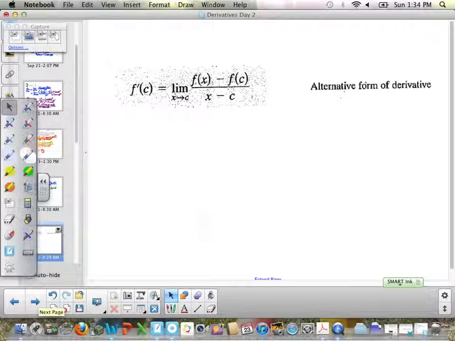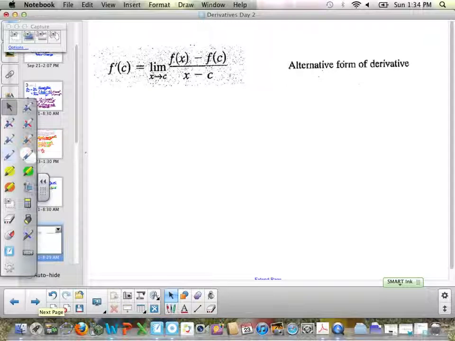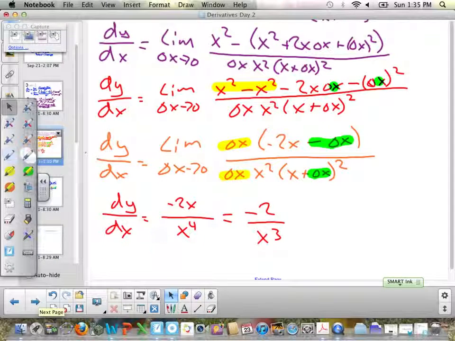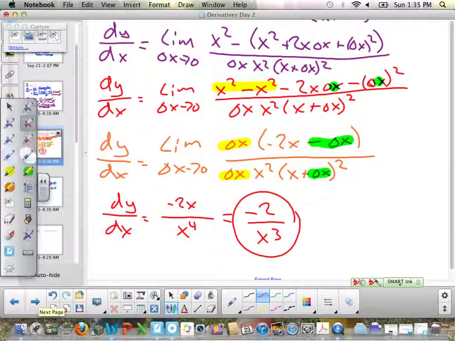All right, that brings us to an alternate form of the definition of a derivative. Now this one is good if you only need the derivative, or the slope of the line, at a specific point. If we go back 2 previous problems, this is the value of the derivative at any point.